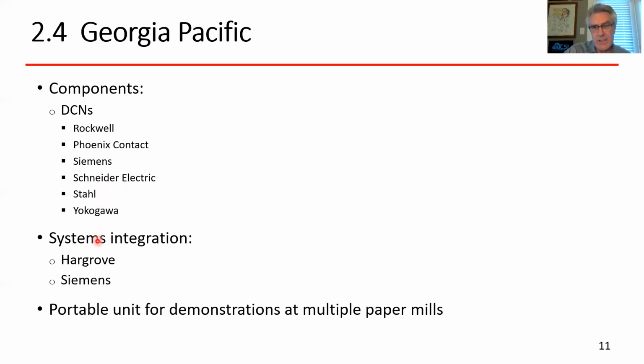Their systems integrators for this work are Hargrove and Siemens, and the purpose of this building activity is a portable unit that Georgia Pacific will take around its fleet of paper mills, basically to build momentum among their company for this change.